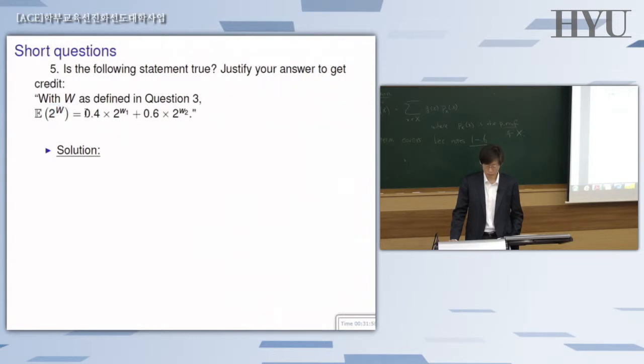So if you use the PMF of w instead, the first half of this expectation is that probability, and then the value that this function takes on, which is 2 to the w1. And the second half is the other probability of the second w, which is w2, and then the function of that value, which is 2 to the w2. So exactly the application of this proposition given here.